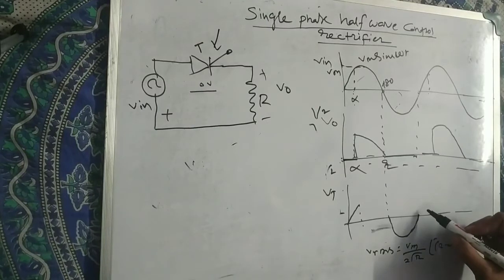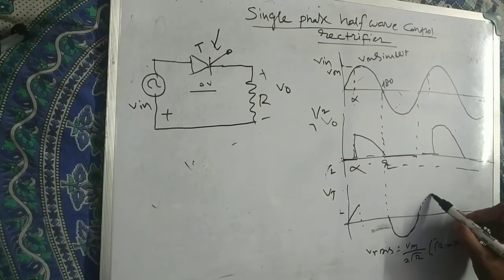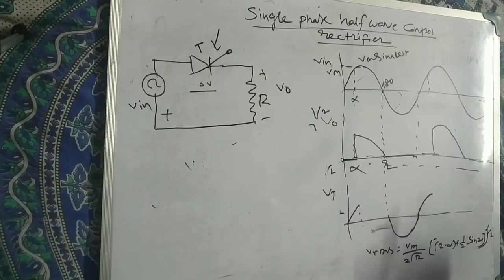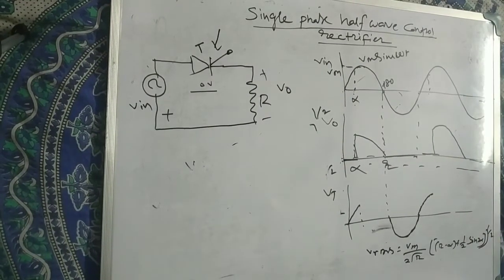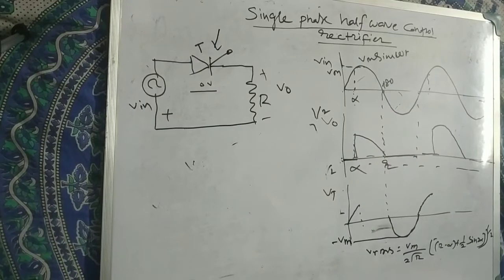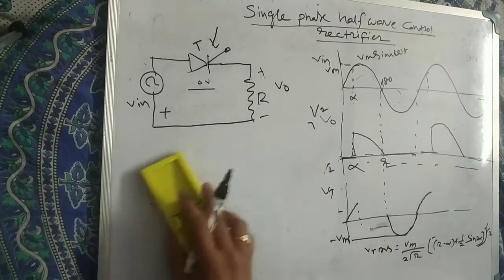So the SCR voltage will be this much, this is minus Vm. Now there is a question, what is the input power factor?